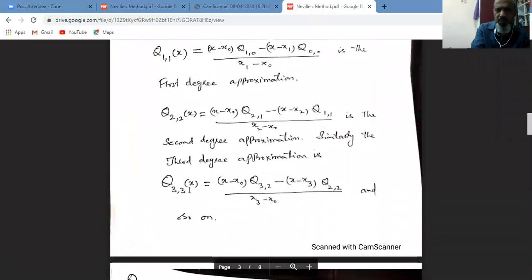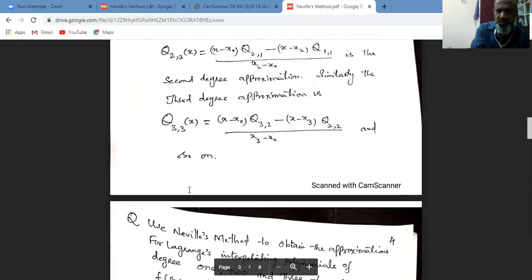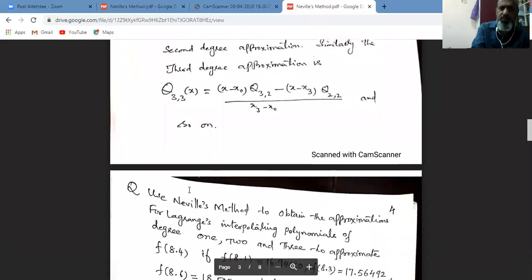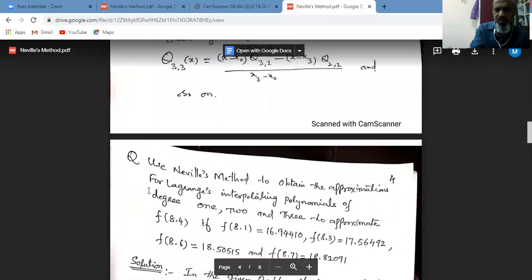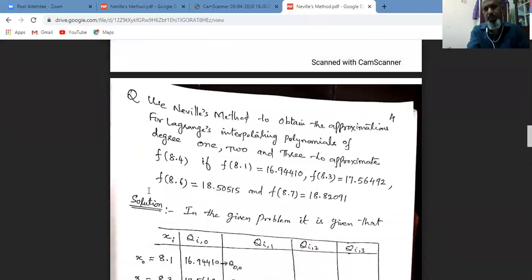After finding the first, second and third degree approximations, we can substitute the value of x at which we have to determine the functional value. So by using Neville's method, we can determine the value of the function, or we can interpolate the polynomial.